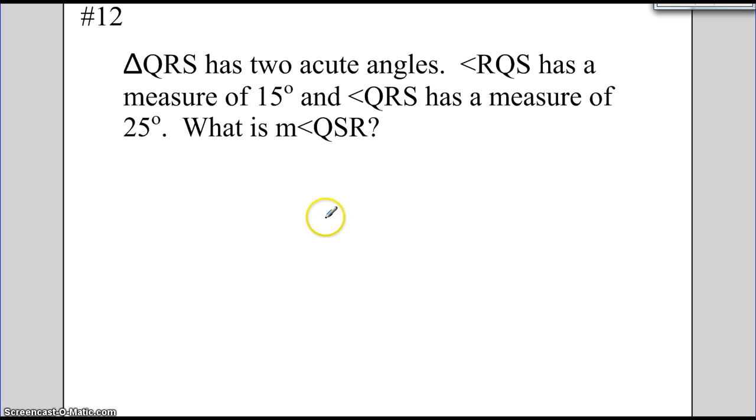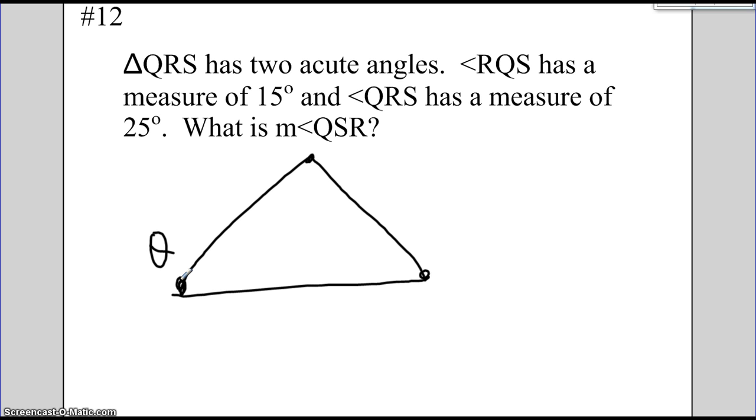QRS has two acute angles. Let's draw that. Angle RQS has a measure of 15, and angle QRS has a measure of 25. What is the measure of angle QSR?